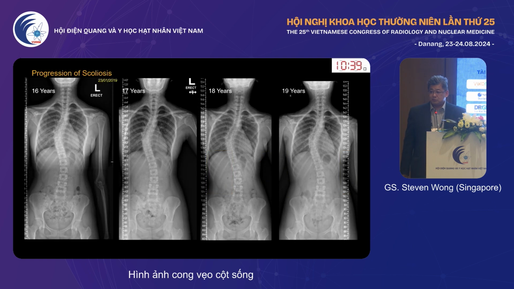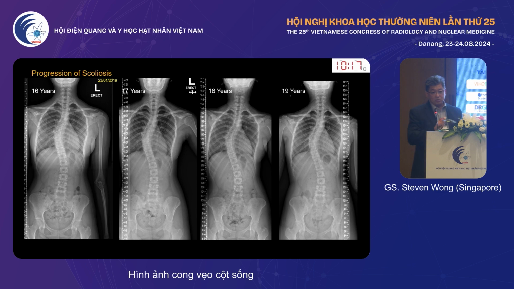So scoliosis will progress over time, so patients unfortunately will need sequential follow-up x-rays. Coronal plane, lateral if needed, if you think there's degree of instability. Usually by the time late teens, early 20s, the scoliosis should stabilize, shouldn't get worse.